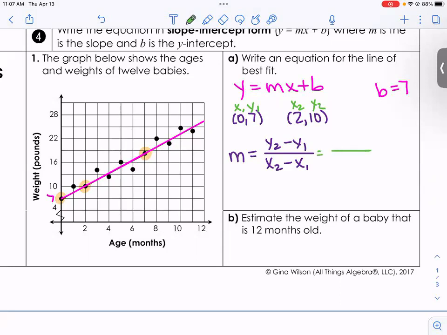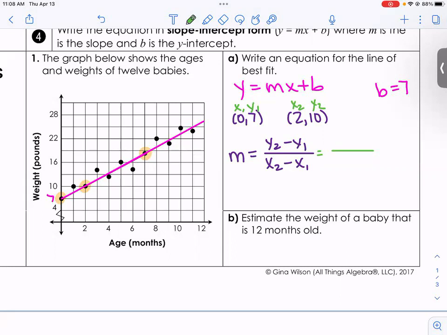What is it? Okay. Help me out. Find me the slope. You got that 2. You want me to explain?